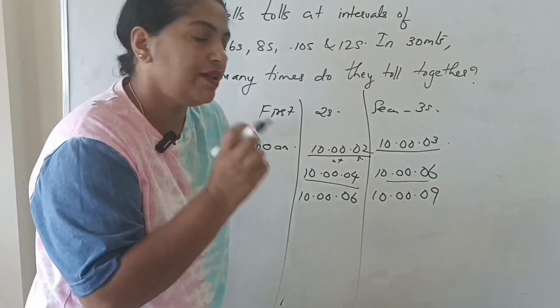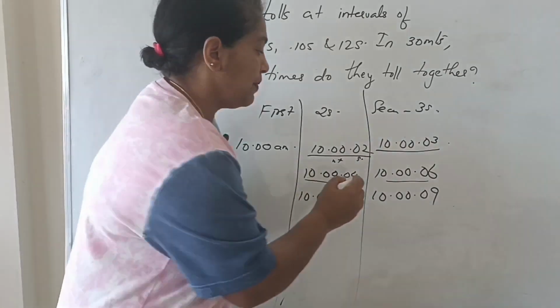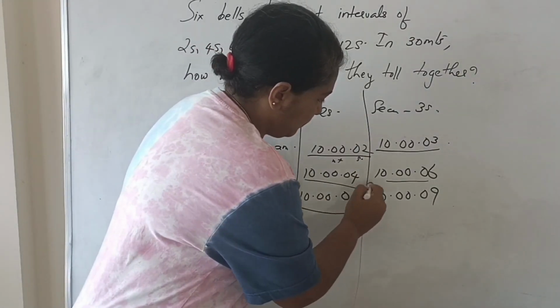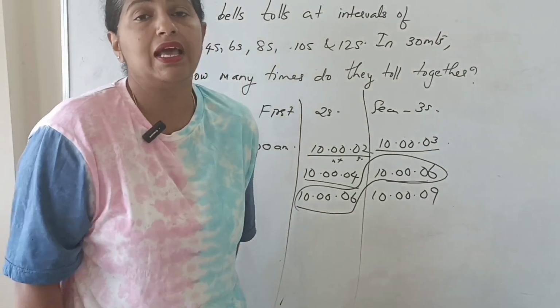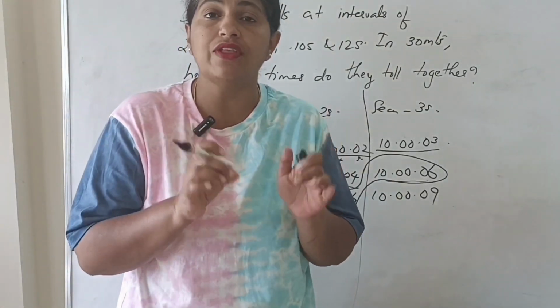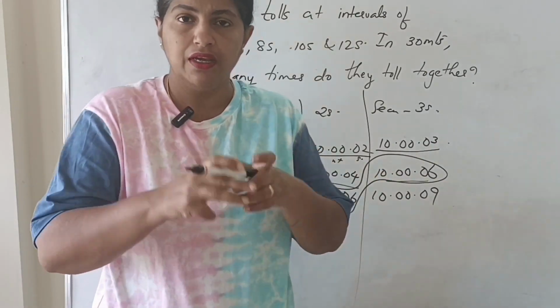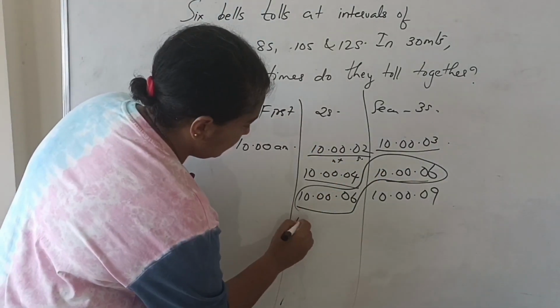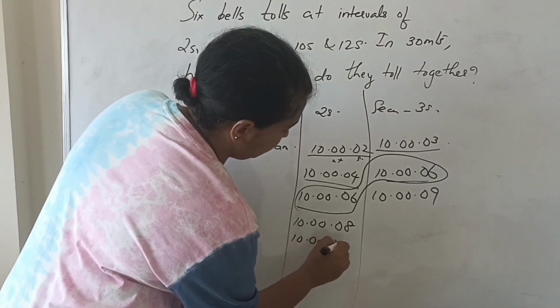But you can see that at the 6th second, the tolling happens for both bells. Both the first bell and the second bell toll at 10:06. Now let us write the remaining part.